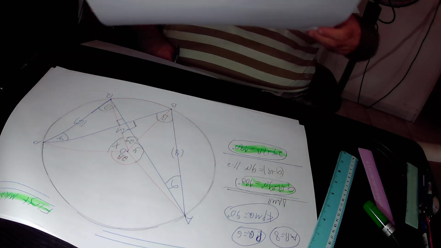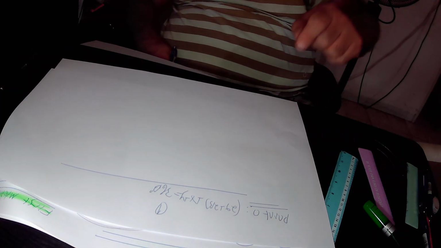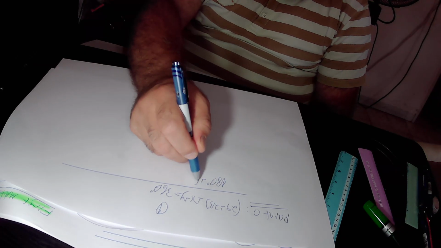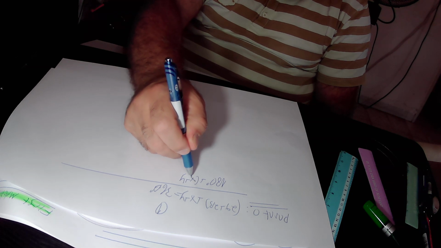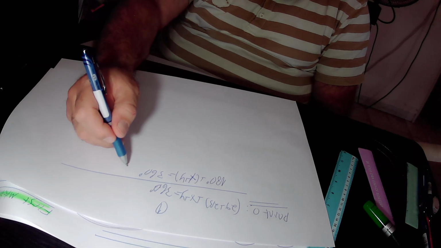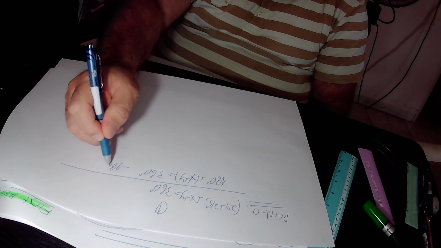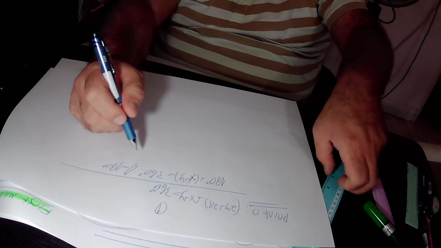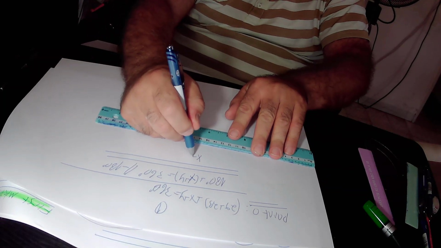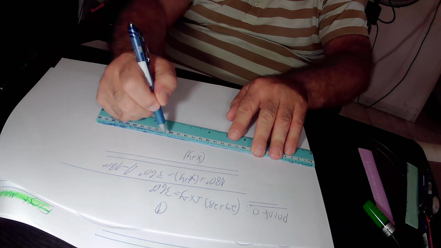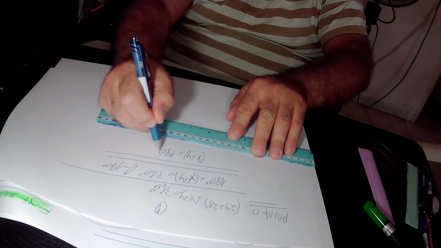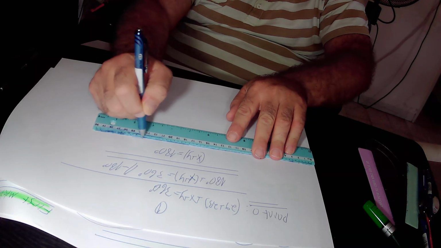Therefore, we substitute 2 alpha plus 2 beta in this equation by 180 degrees. So it is 180 degrees plus x plus y equals 360 degrees. Here we subtract 180 degrees from both sides, and we get that x plus y equals 360 degrees minus 180 degrees, which is 180 degrees.